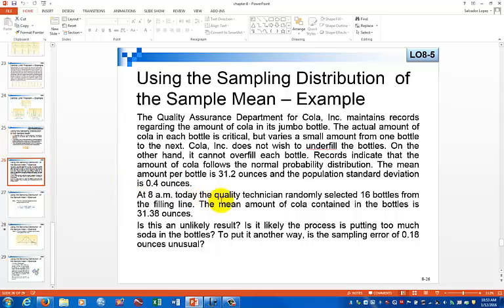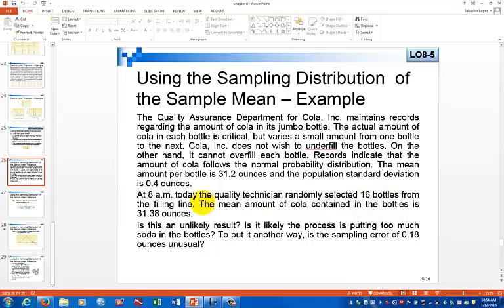At 8 a.m. today, the quality technician randomly selected 16 bottles. Since the population is normally distributed, sampling only 16 bottles doesn't worry us much, because we know that the sampling distribution of X bar will follow a normal distribution too.